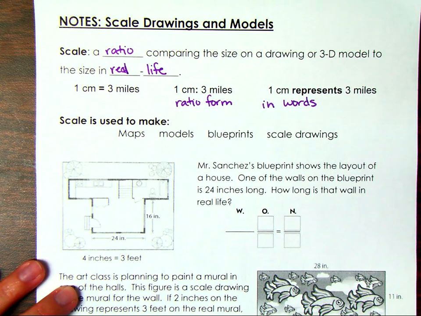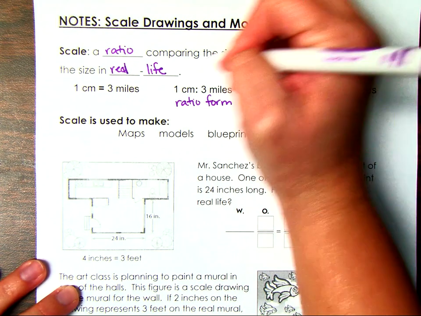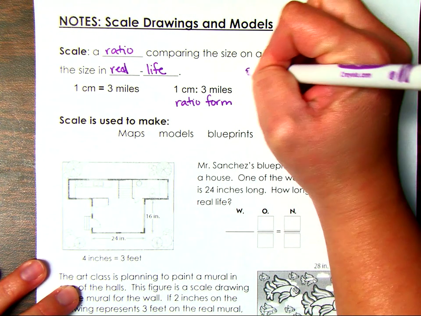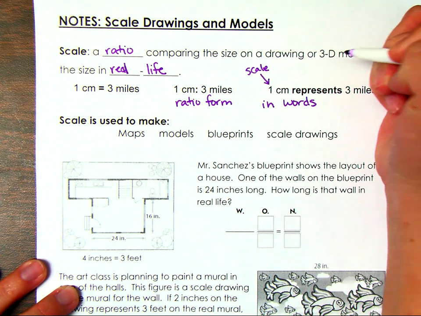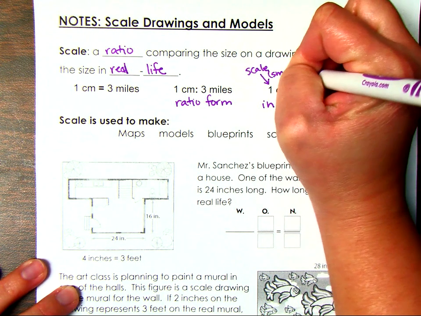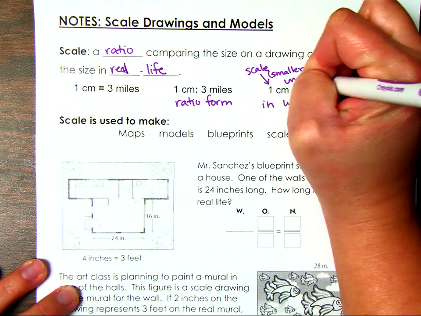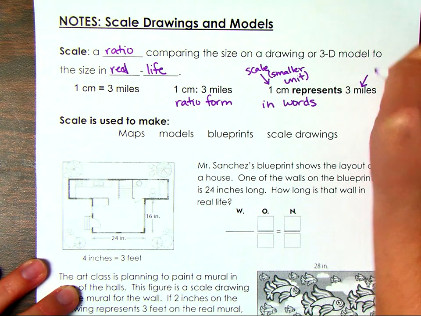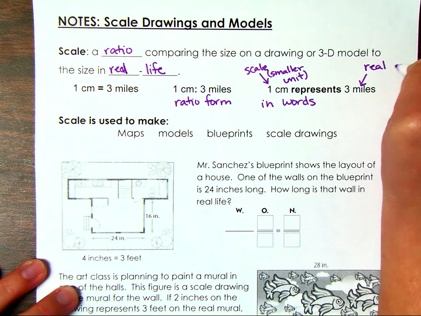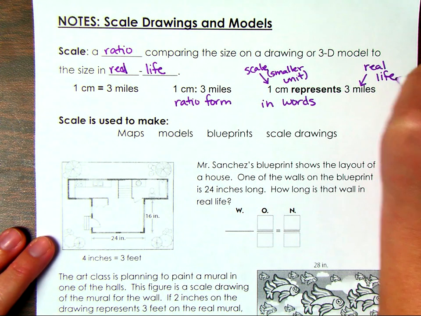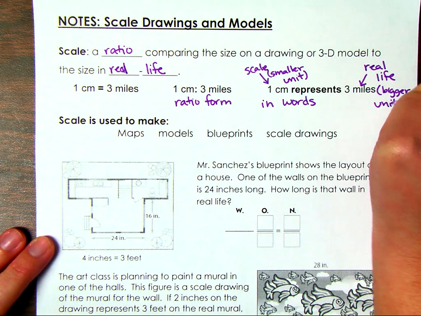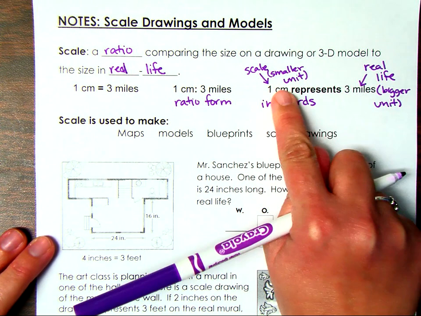So the smaller unit is going to be the scale, and in real life it's going to be the bigger unit. Miles are bigger than centimeters.